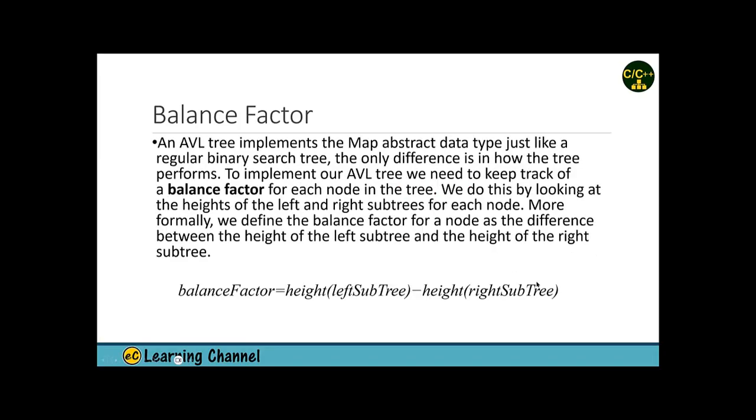There is a balance factor. Balance factor is the left-hand side tree height compared with the right-hand side tree height. Tree height is the depth of your tree, how many levels you have.